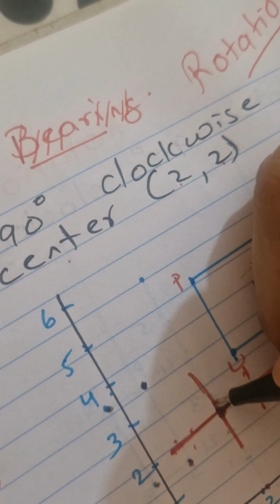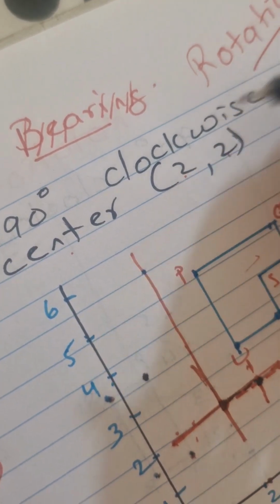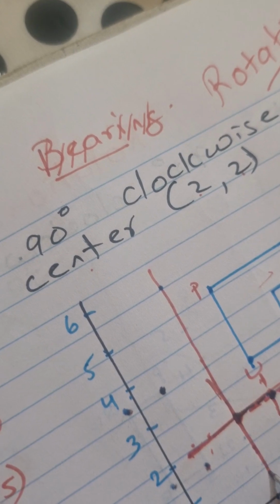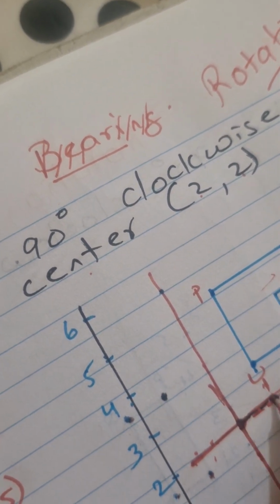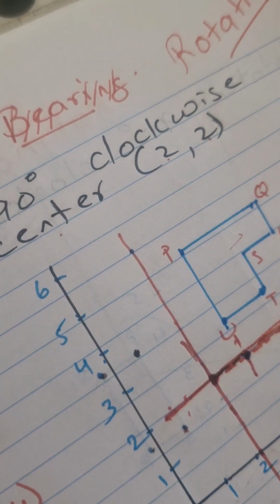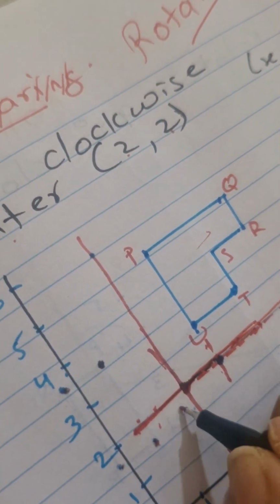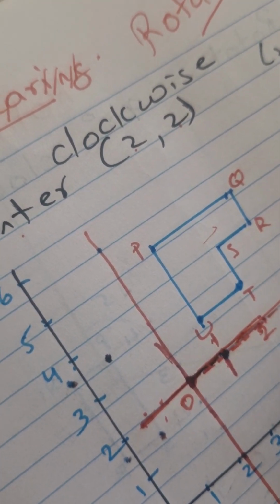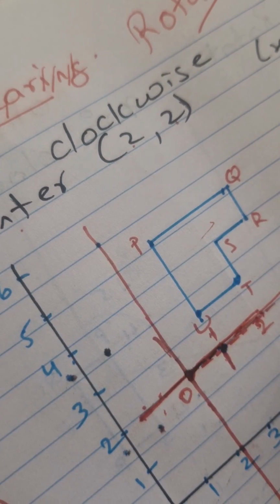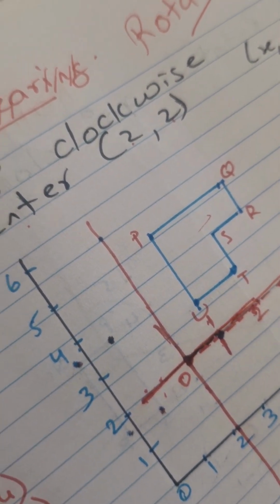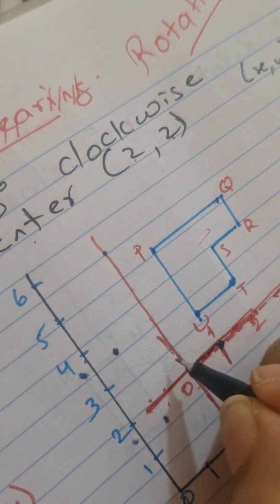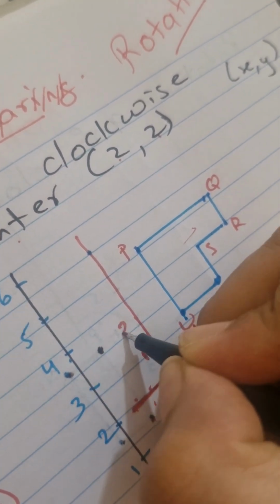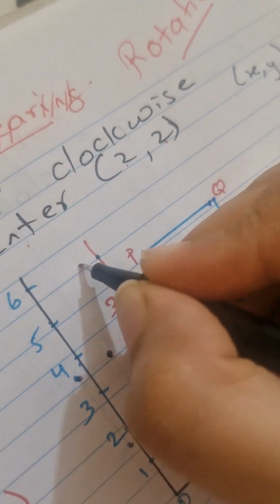So let me draw a straight line here and straight line down, y-axis, and x-axis. So now let me place it here. This is 0, 1, 2, 3, 4, 5, 6. And this one here is 1, 2, 3, 4.